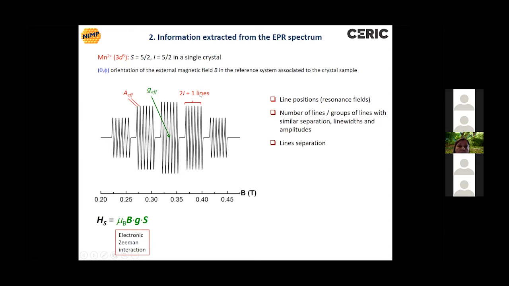And this shows that it's a hyperfine structure, for the spin 5/2. And the separation between the lines is an effective hyperfine parameter. And then we have 5 groups of lines at equal distance, and this is the fine structure from zero field splitting, the distance between the lines.